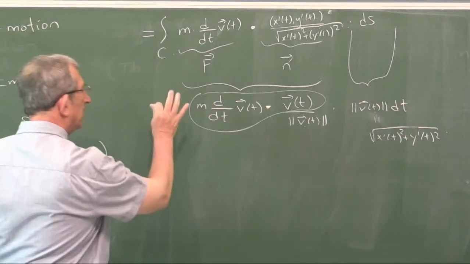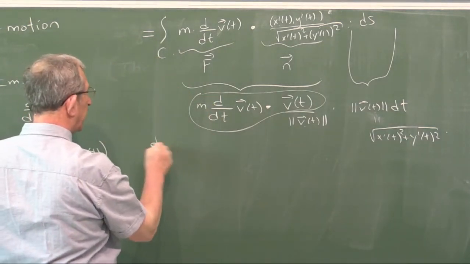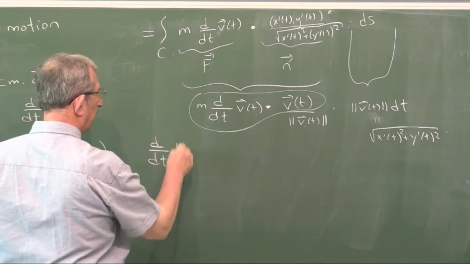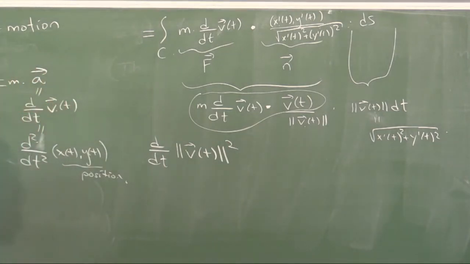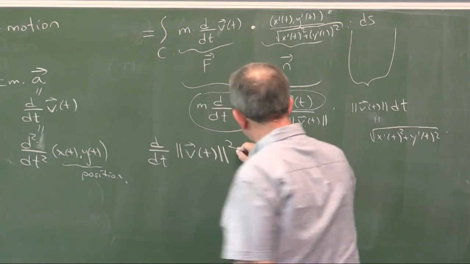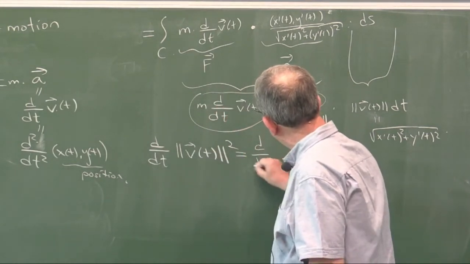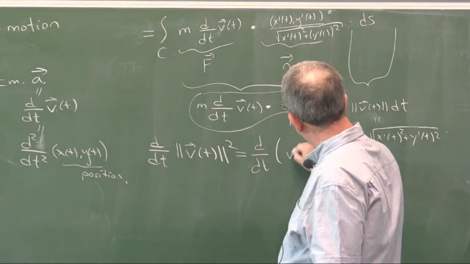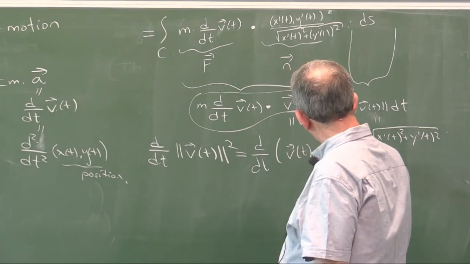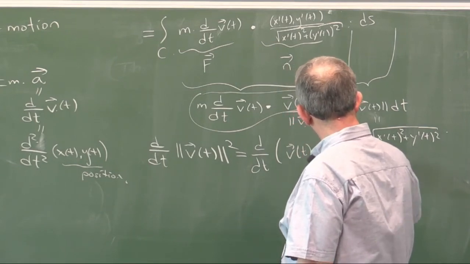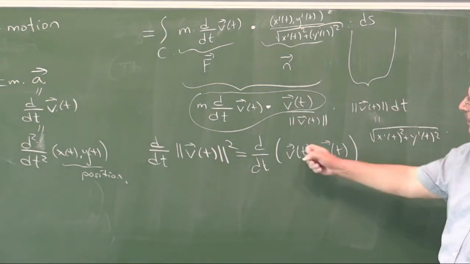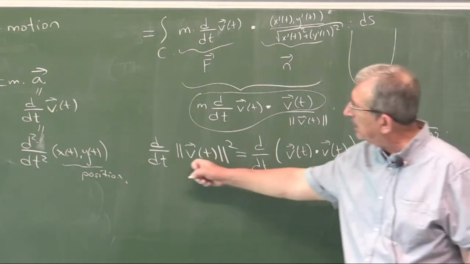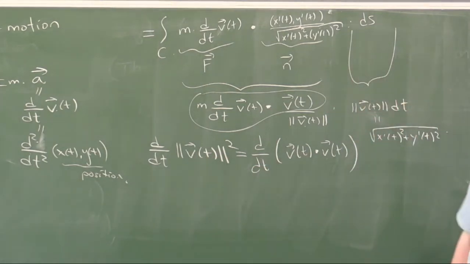Now, let that stay there. Let us take the derivative of length of v squared. Now, this is a vector norm squared, so it's the derivative of v of t dot v of t. Remember from vectors, whether you have dependence on t or not, the dot product of a vector with itself is the length squared of the vector.